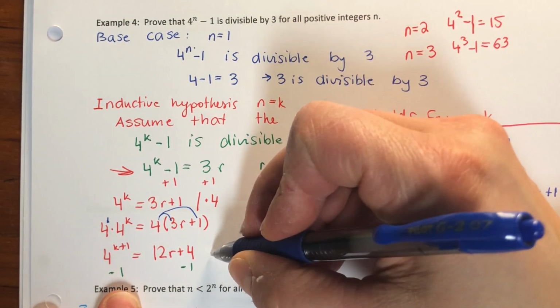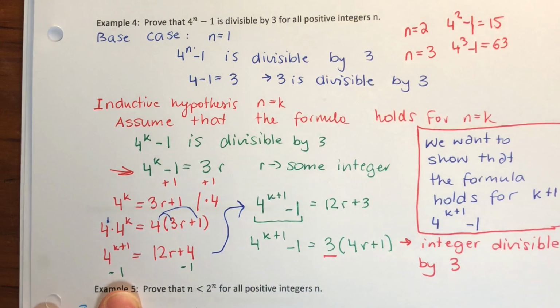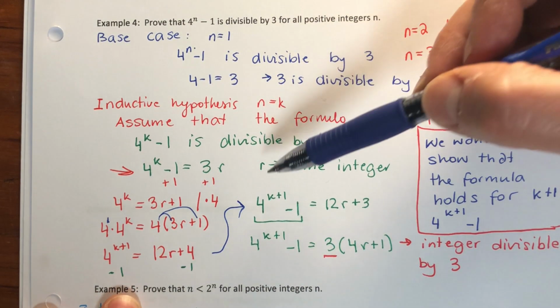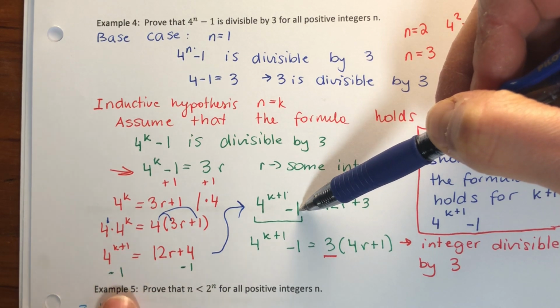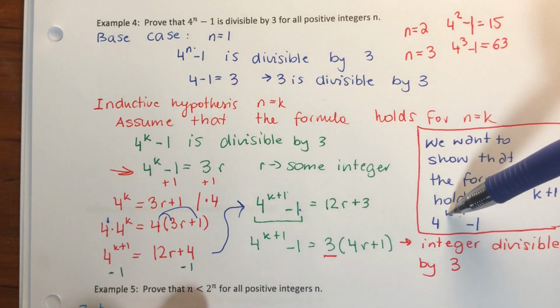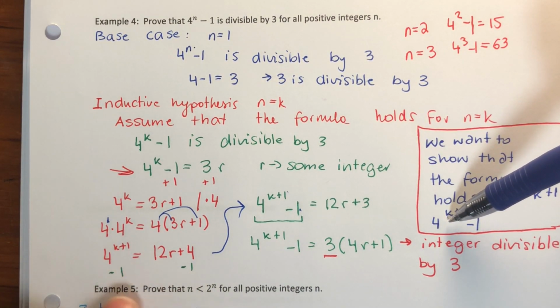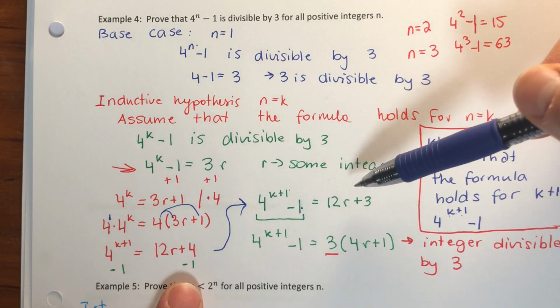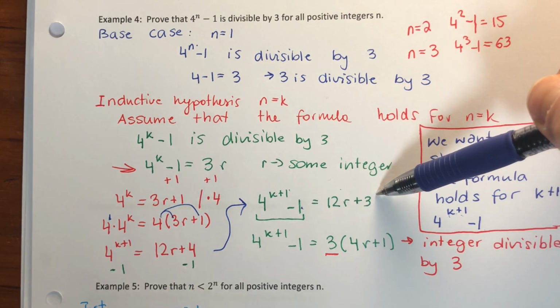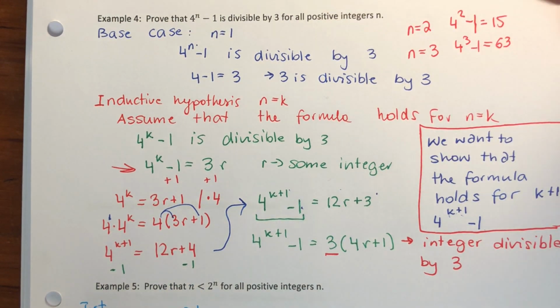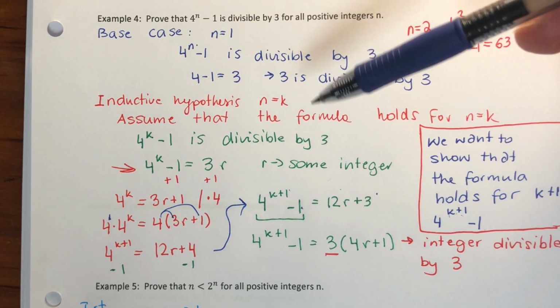And now finally, I am writing right in here on my paper. This is going to give me 4 to the power of k plus 1 minus 1, just because I have to have it look like this. So I am moving 1 unit from this side to this side. If you take away 1, this is going to give you 12r plus 3. We want our expression to be divisible by 3.